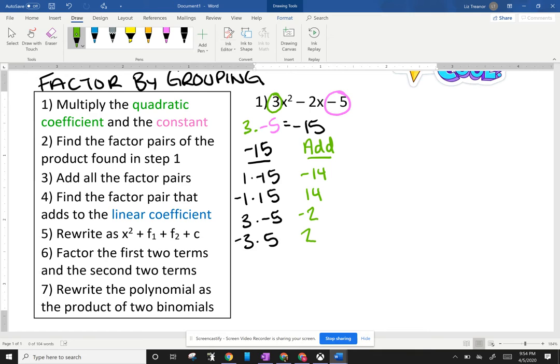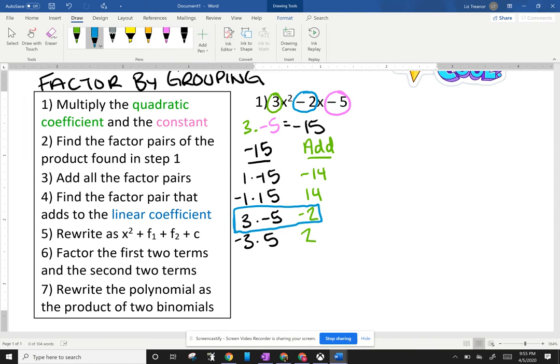Okay, step number 4 asks us to find the factor pair that adds to the linear coefficient. In our problem, -2 is the linear coefficient. So this is the factor pair that adds to -2.